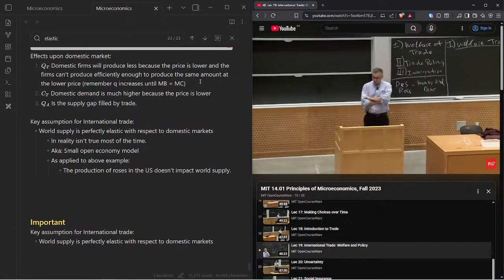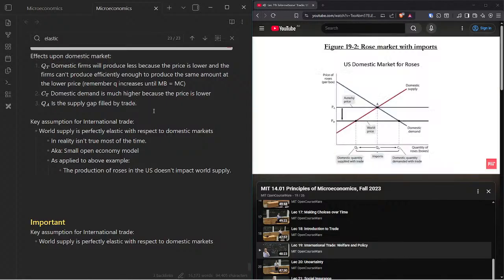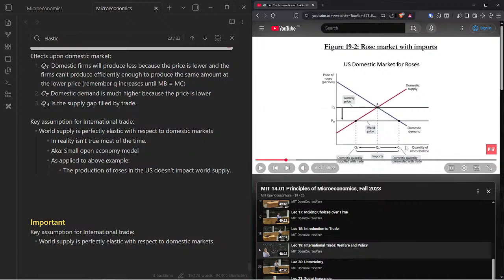Price equals marginal cost. So they're going to produce Q sub T. Oh, I'm sorry, that's what I got backwards. That is C sub T. That's what I missed. Scratch what I said. Well, what does C stand for?